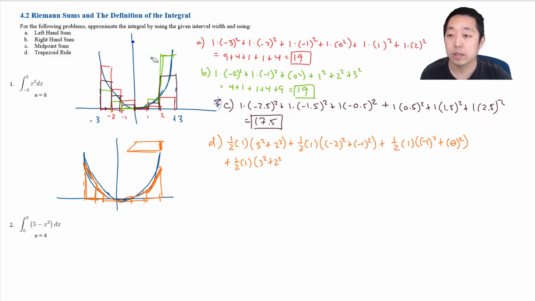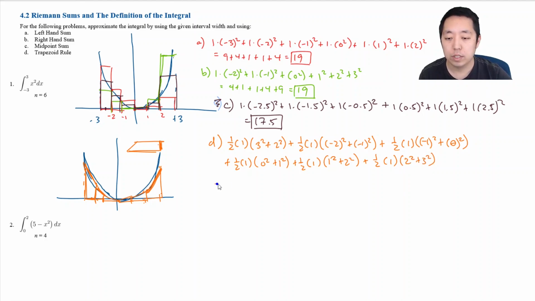Sorry, I'm just going in the wrong order. Let's see, I'm doing this one here and here. 0 squared plus 1 squared, plus 1/2 times 1 times 1 squared plus 2 squared, plus 1/2 times 1 of 2 squared plus 3 squared.